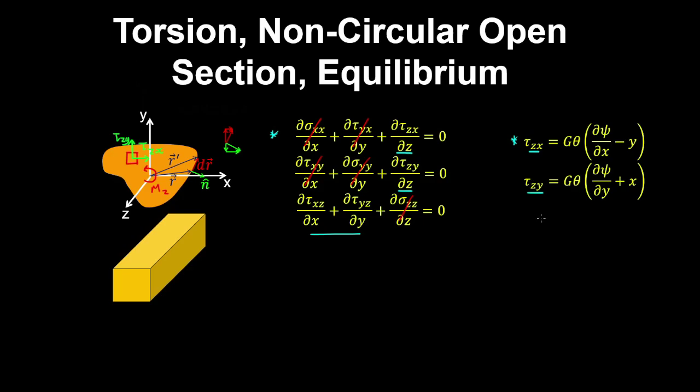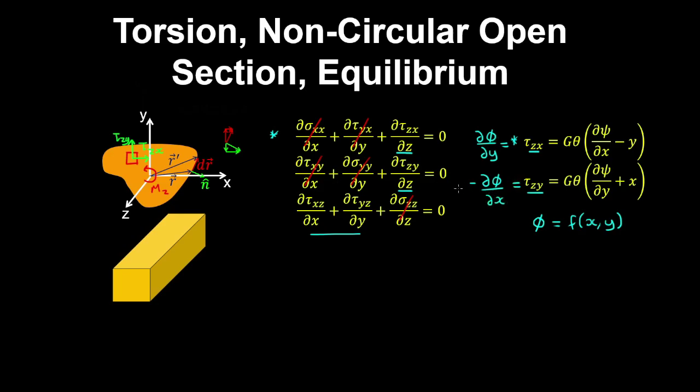So we introduce the idea of a stress function, which is a function of x and y. And note that this shear stress is equal to its complementary shear stress, and similar to this one. So if we let tau zx equal the partial derivative of the stress function with respect to y, and tau zy to be the negative of the partial derivative of the stress function with respect to x.